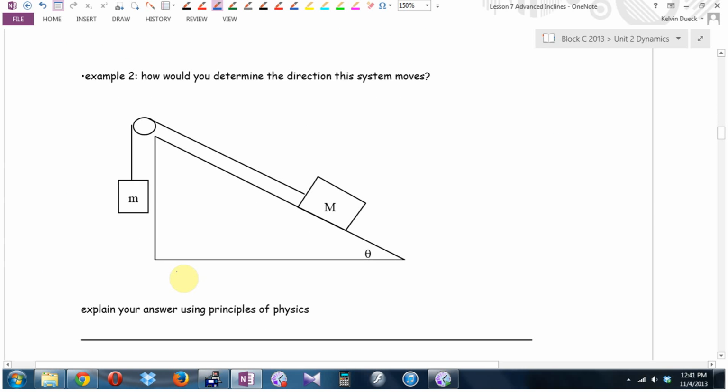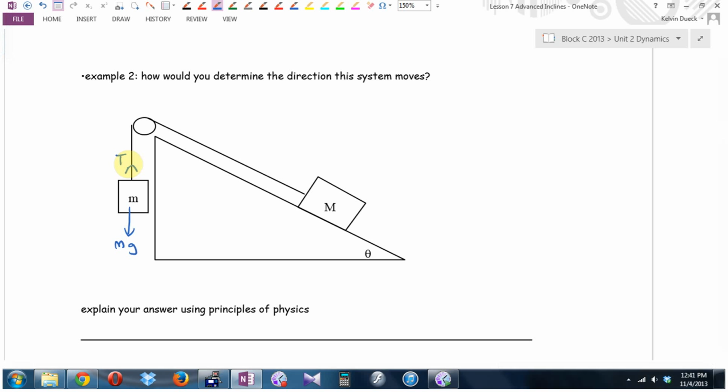So example 2 said, how would you determine the direction this system moves? How would you figure out the direction that this moves? Well, what are the forces acting on little m? Get the obvious one. Little mg and tension. What are the forces acting on big M?